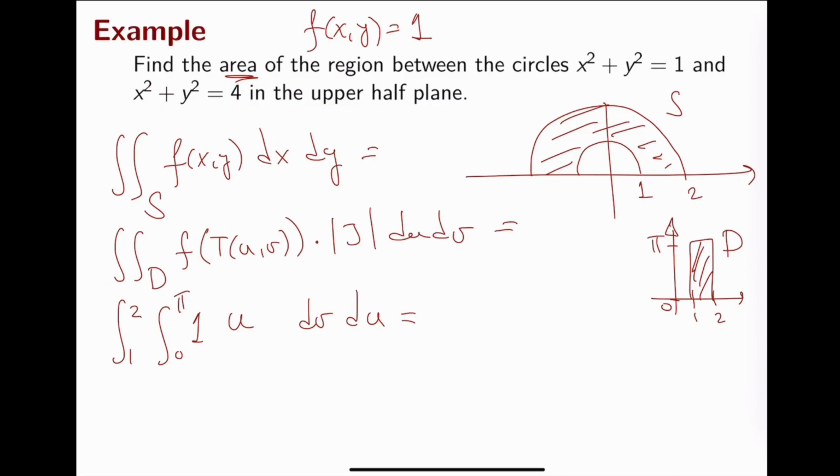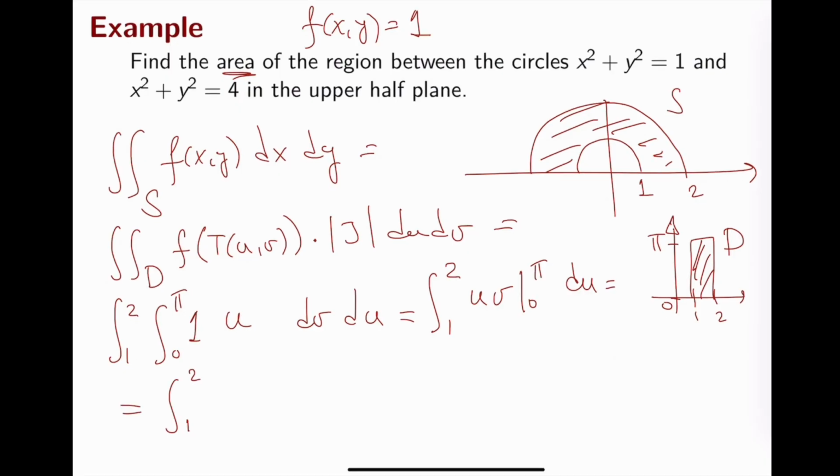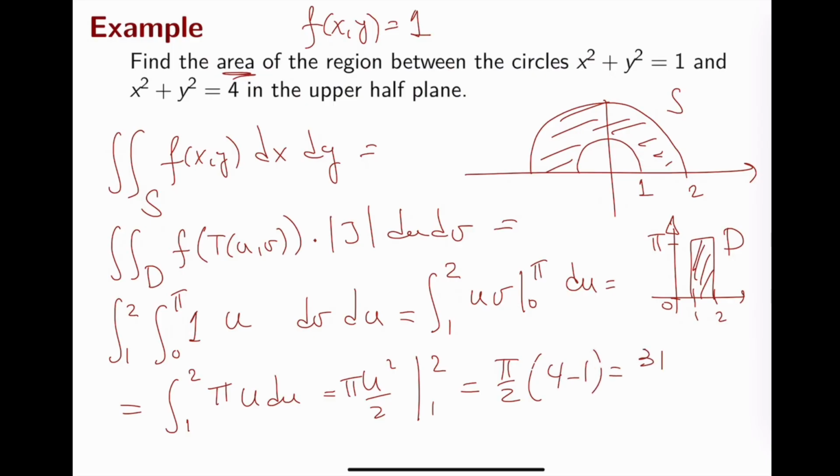And then the integral that we have to calculate now is really easy, of u between one and two. The evaluation here will be just pi, and so it's pi u du. The integral of u is u squared over 2 evaluated between 1 and 2. This is pi over 2 times 4 minus 1, which is 3 pi over 2.